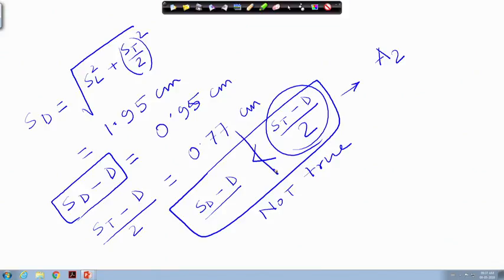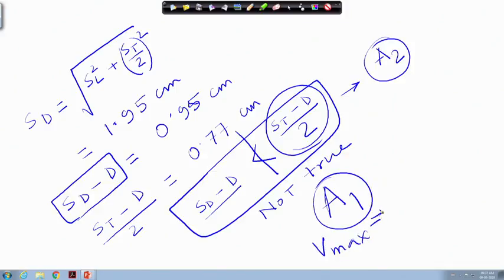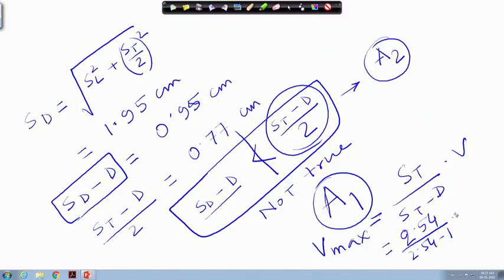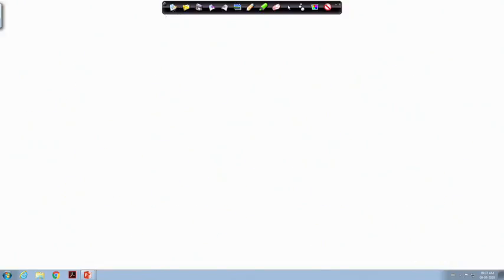We can understand that the minimum area is occurring at A1, and we have to evaluate the velocity V max, equal to ST by (ST minus D) times V. ST is 2.54, so 2.54 by (2.54 minus 1) into 6 comes out to be 9.9 meter per second.